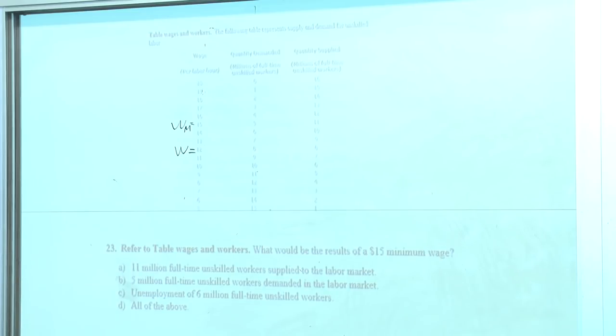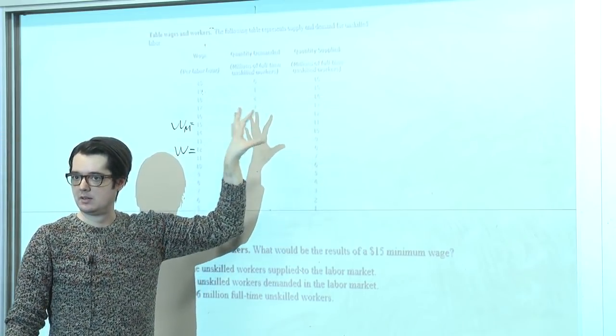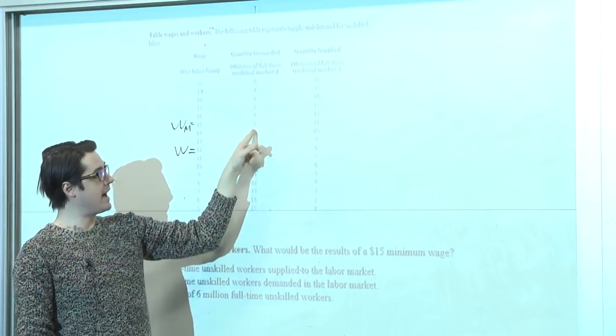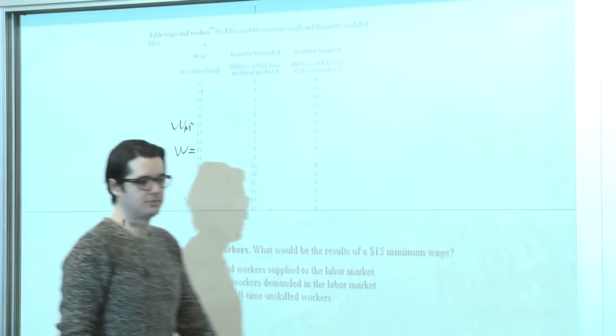B, 5 million full-time unskilled workers demanded in this market. Is that true? Yes, it is. C, unemployment of 6 million full-time unskilled workers. Yes, right? The difference between 5 and 11: 11 people want to work, they're only hiring 5. So the unemployment is going to be 6. All right, so D, all of the above.